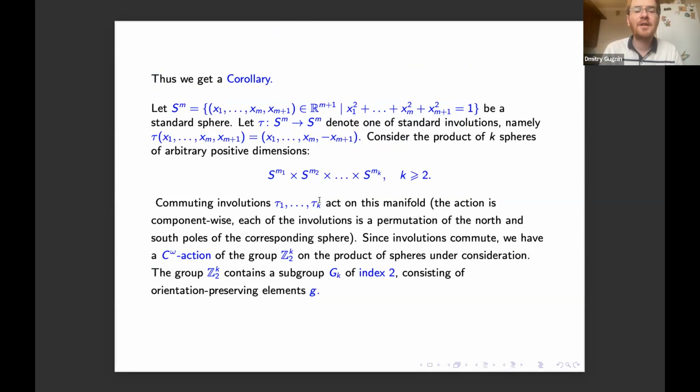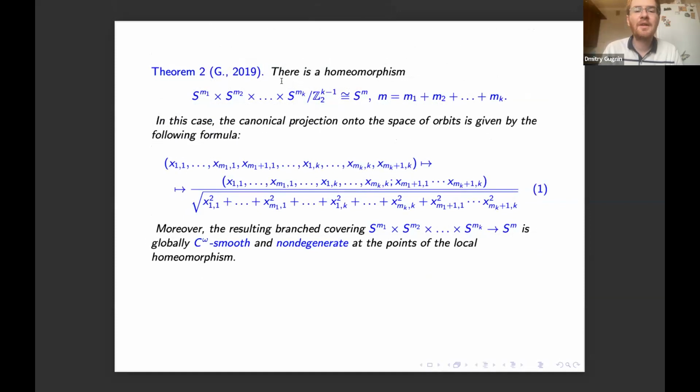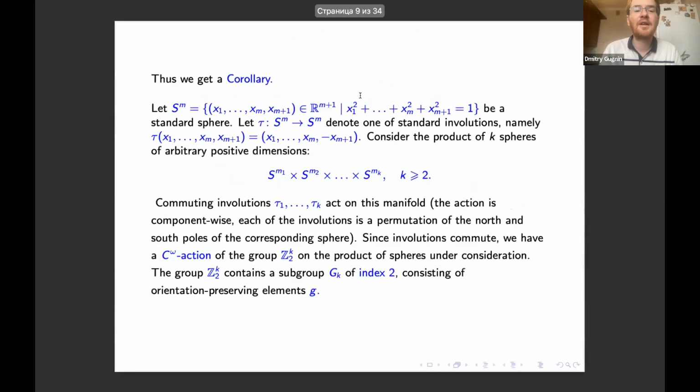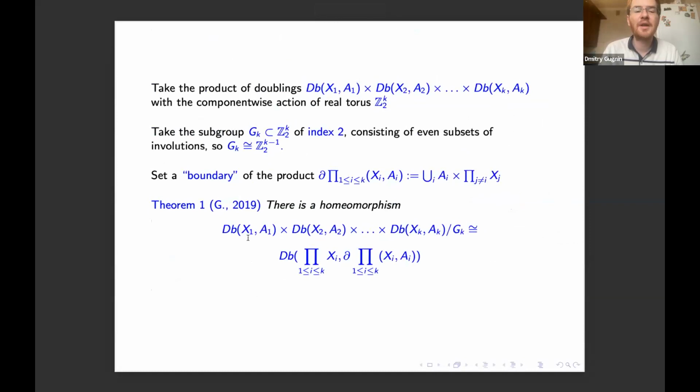And if you take the subgroup GK of index 2 consisting of orientation preserving elements, then you will have the homeomorphism: this quotient space is homeomorphic to a genuine sphere. It's just a corollary of this result. You have the doubling of the disks, and this is again a disk, and its boundary is again a sphere. So this doubling is again a sphere.